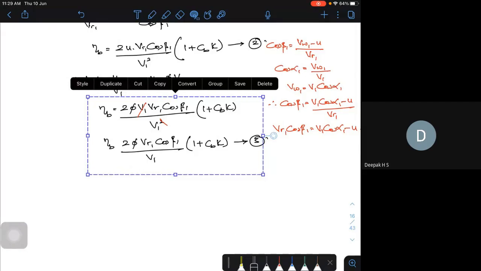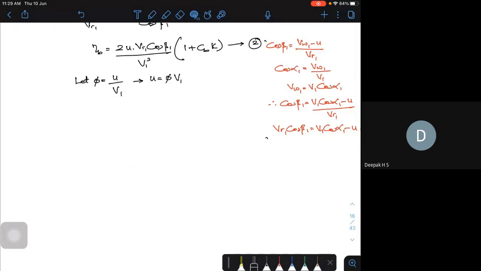Let me substitute that, then I will come back to this. Do that in equation 2.